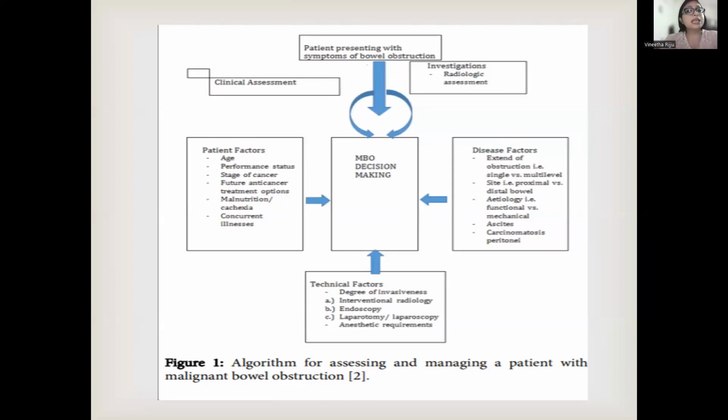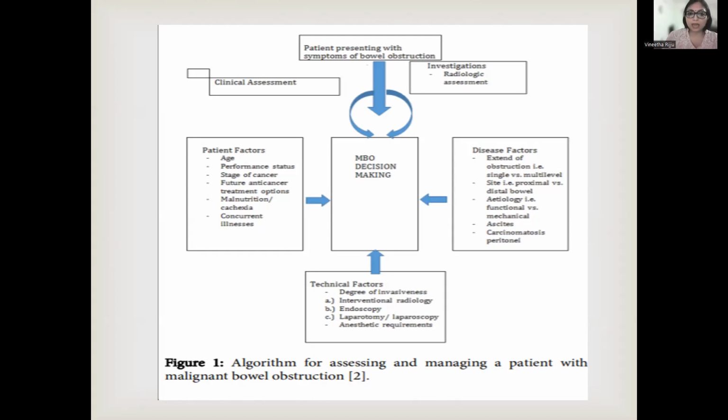Now check for the stage of the cancer. If it is a metastatic cancer with disseminated metastasis in the liver and peritoneum and all that, this individual probably is not a candidate for surgery. Further anti-cancer treatment options, so always discuss with the oncology team what are the further options that we have.